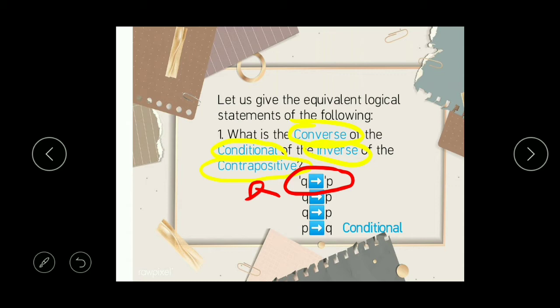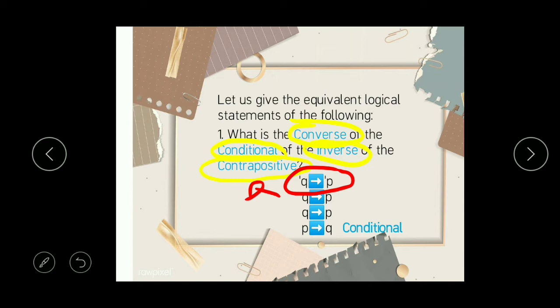So we got the contrapositive. We will use that contrapositive as our foundation. What do I mean by the word foundation? We will make it our base, so we will base our next logical statement on that specific statement.